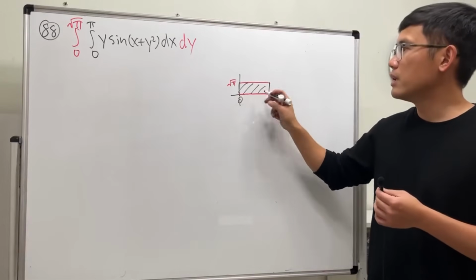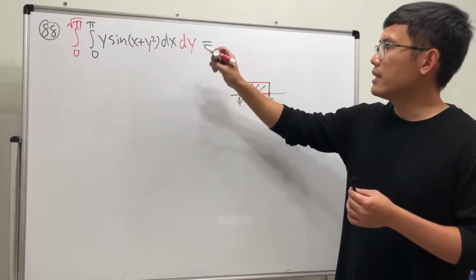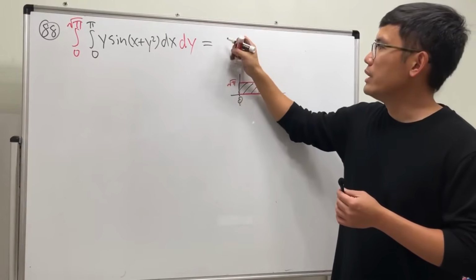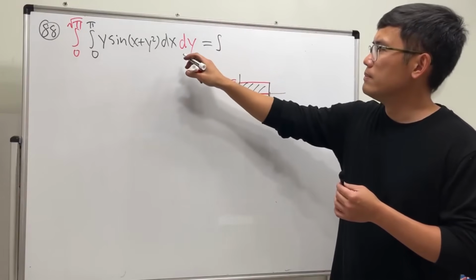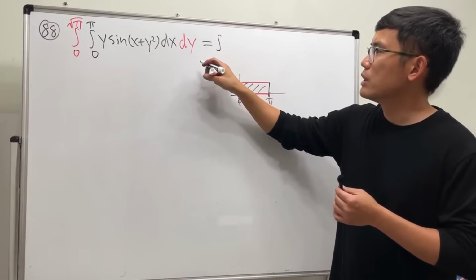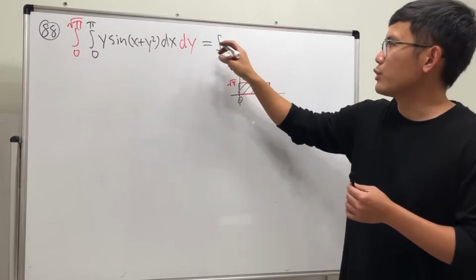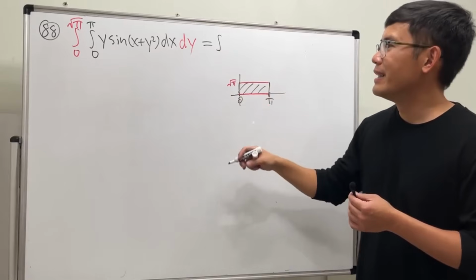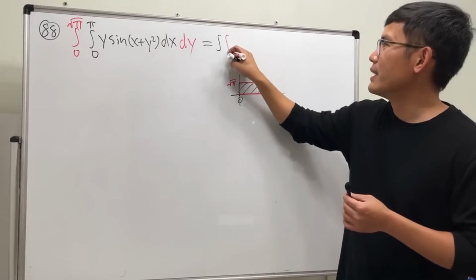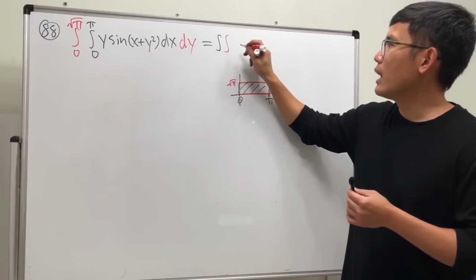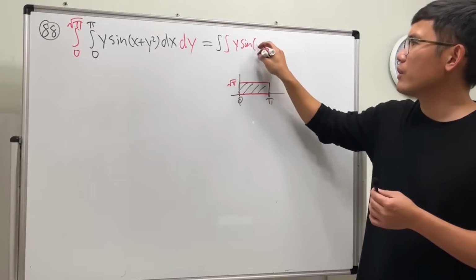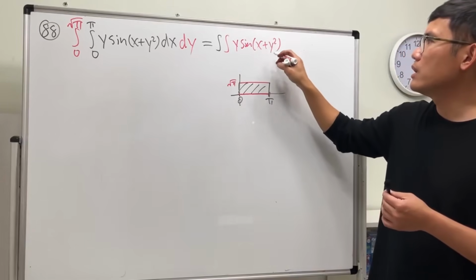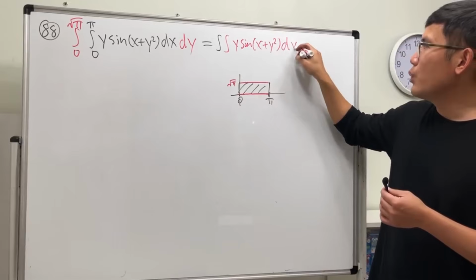This region. If you would like, this is actually the same thing as we integrate x first. So I will still write this down inside. Okay, sorry. And then y sine of x plus y squared dy dx.